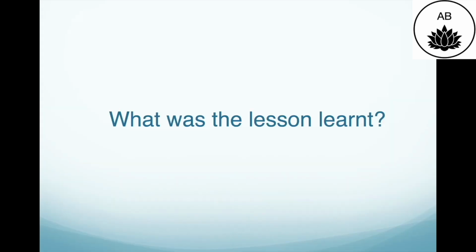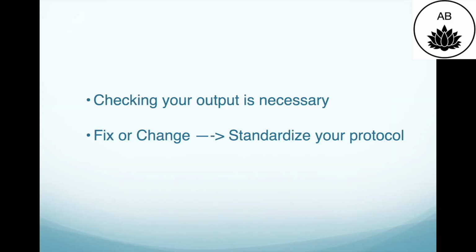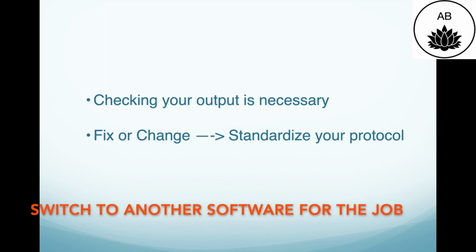So what was the lesson learned from all this? Checking your output is necessary. That is to say, you cannot blindly trust the software. You cannot just rely on the computer and the simulations to do the job and just forget about it. No, you have to check your results manually to see what's going on. And if you spot errors like I did, you have two choices. Either you fix it or you change software.